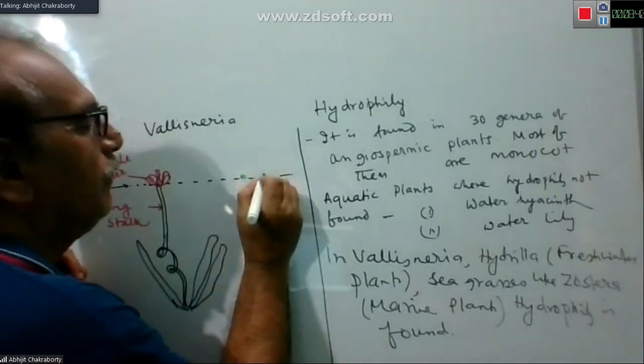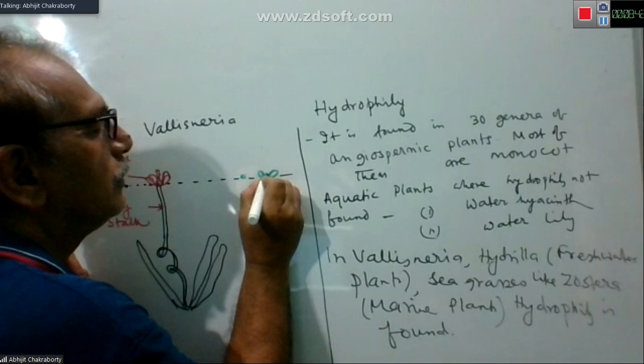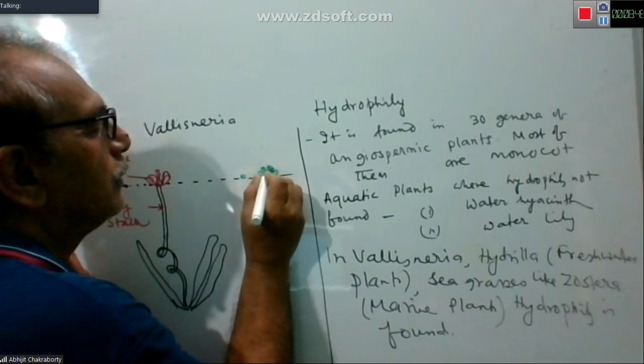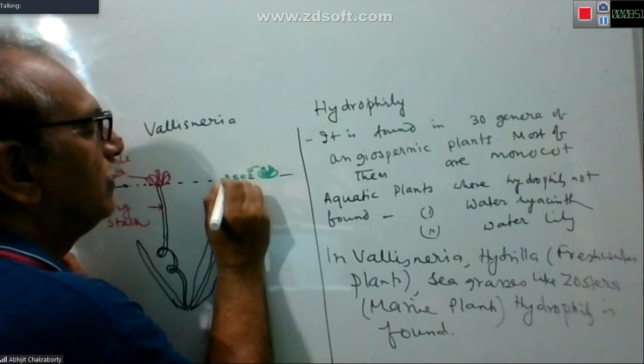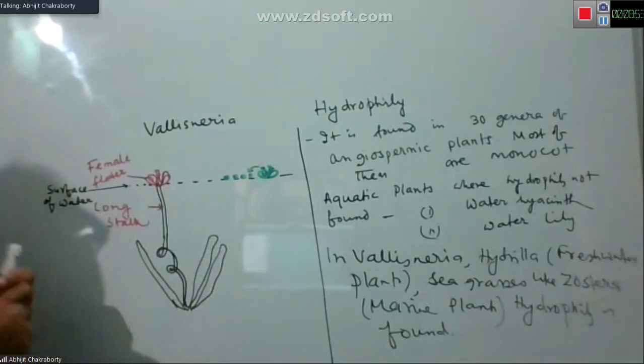So this is the male flower. Pollen grains are released on the surface of the water.